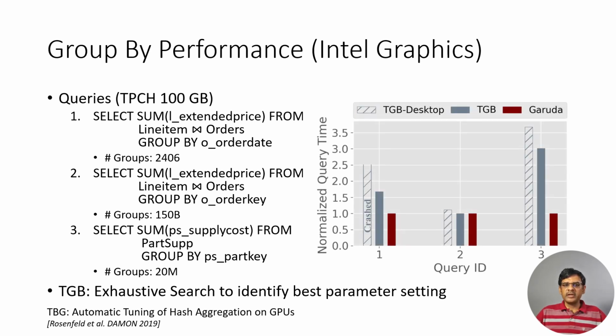To show the dependence of the parameter setting on the hardware, we also use the parameters identified in the previous desktop configuration. Note that when running TGB using the desktop parameters, one of the queries crashed, while the other two queries ran slower compared to using the most suitable parameters. Our approach, on the other hand, performs on par or better even against TGB with the best parameter setting.